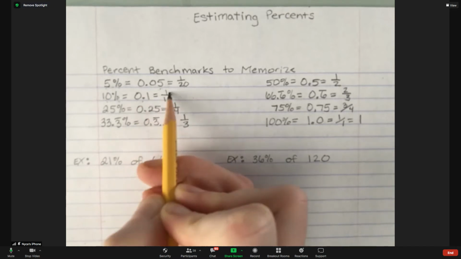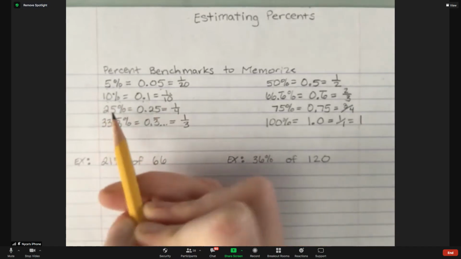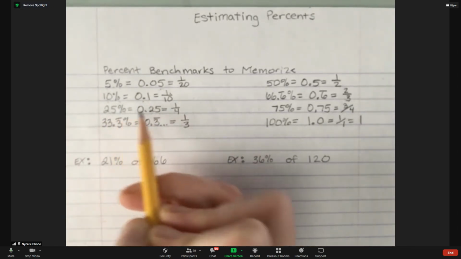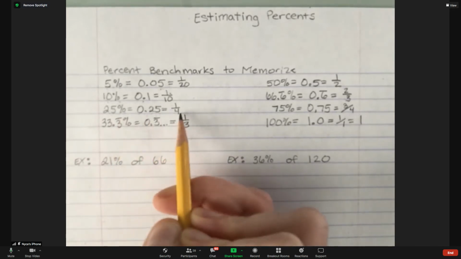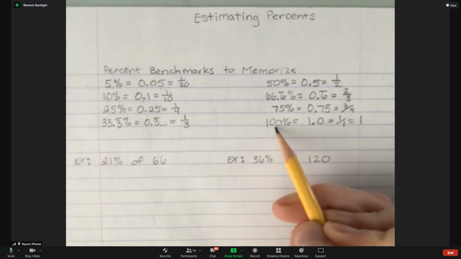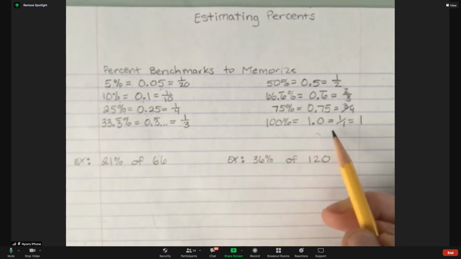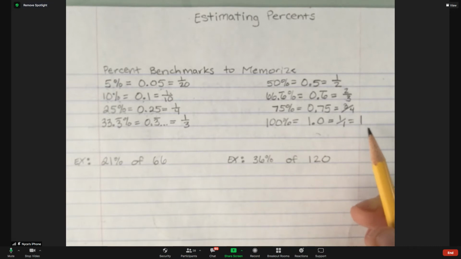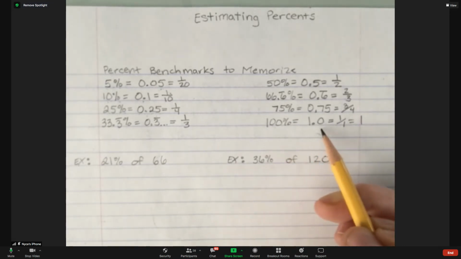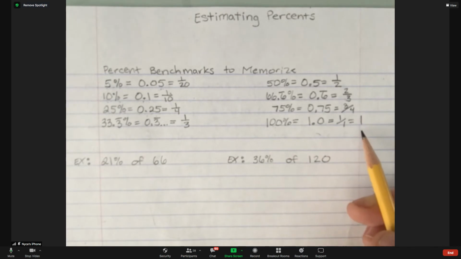It means 1 for every 10. 25% is 0.25, 25 cents. That is 1/4, and so forth. Keep in mind, 100% would be 1.0, which is written as 1 over 1 or 1 whole. If you had 200%, that would be 2.0, and 2 as a whole number.